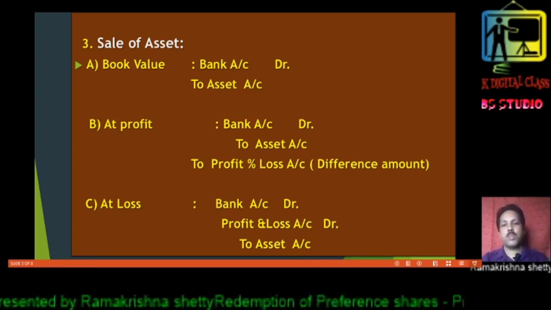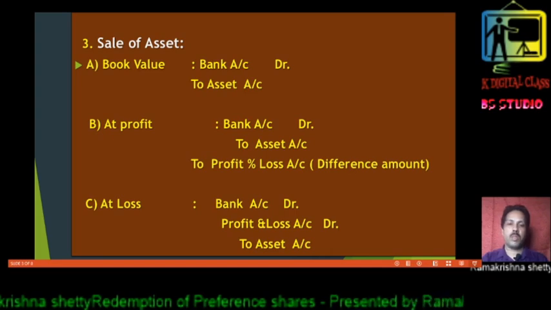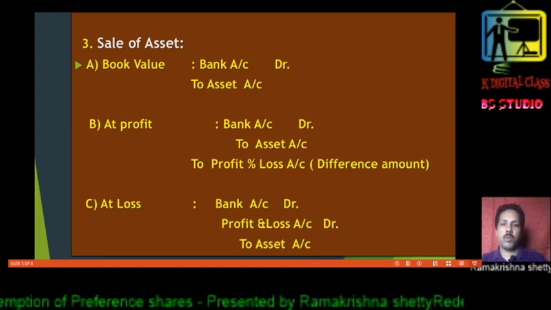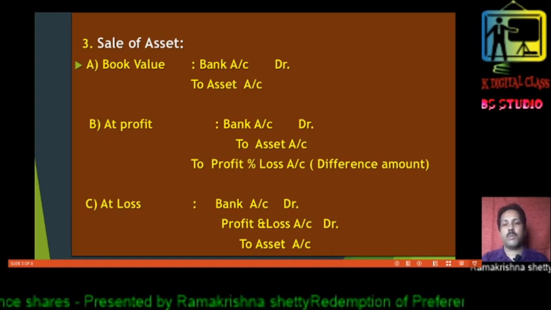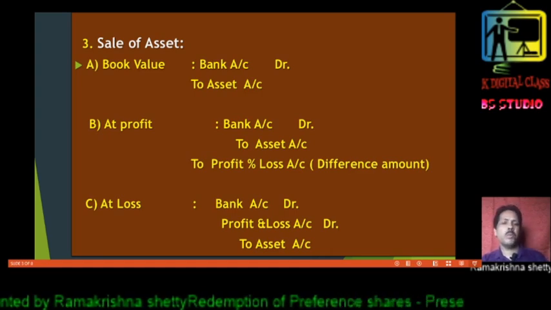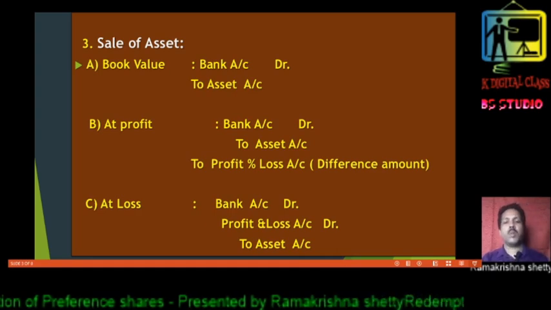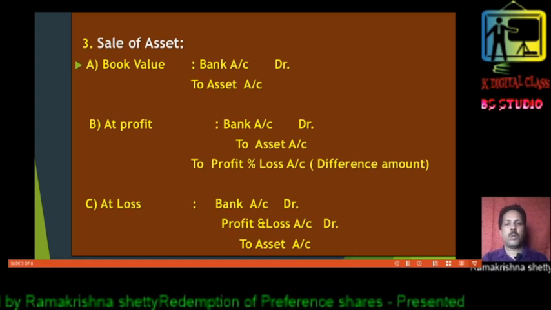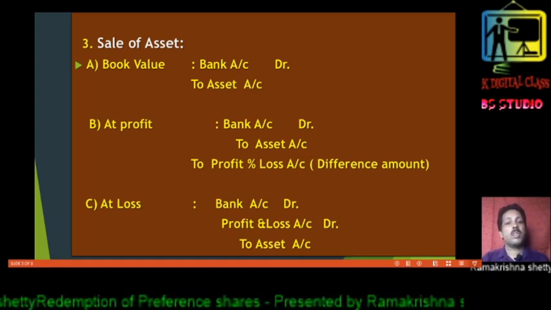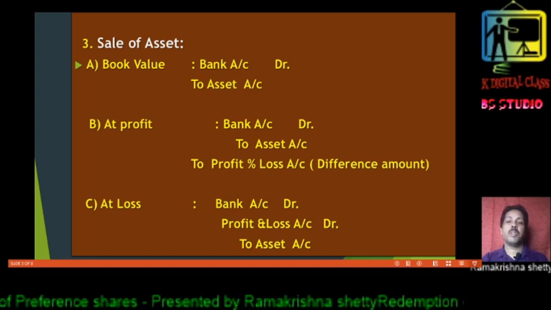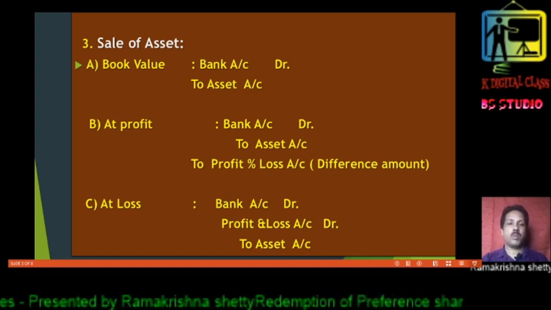Suppose the asset is sold for rupees 50,000 and the book value is 40,000, then the difference 10,000 is credited to profit and loss account. If it is sold at a loss, suppose the value of asset is 30,000, sold for 25,000, then the difference 5,000 is debited to profit and loss account.